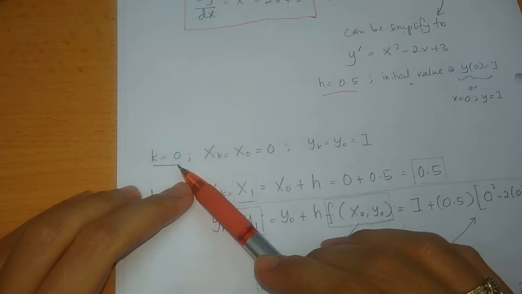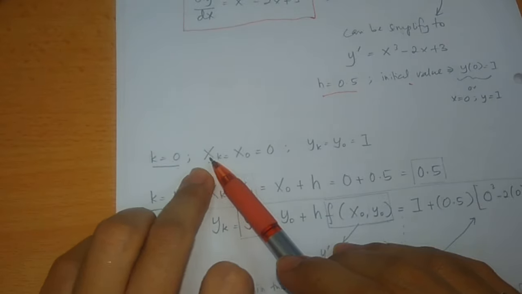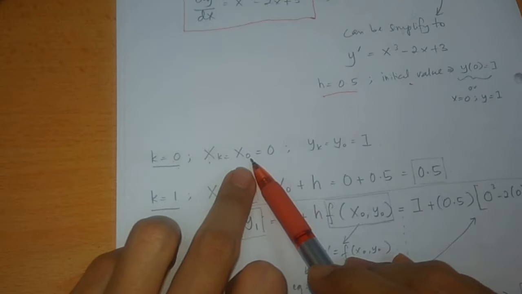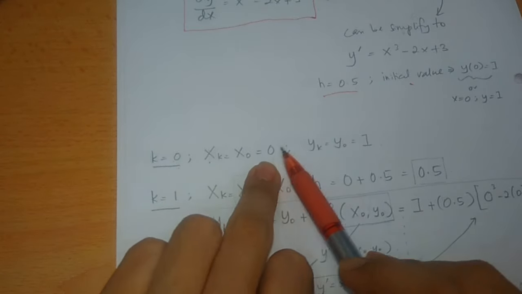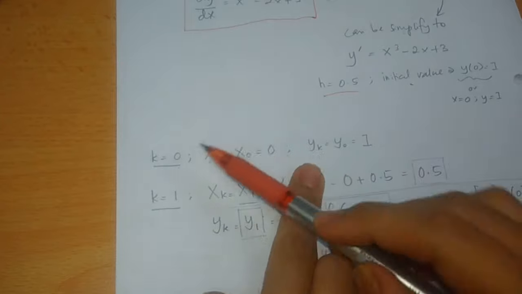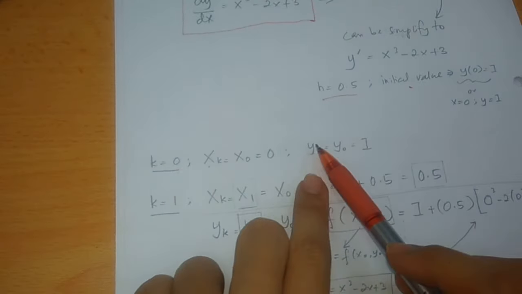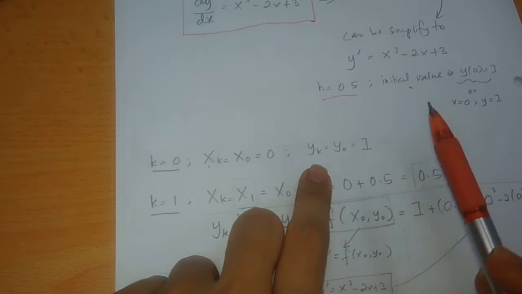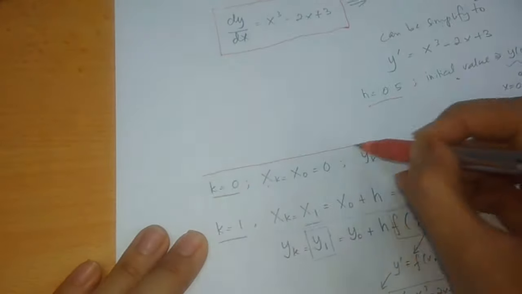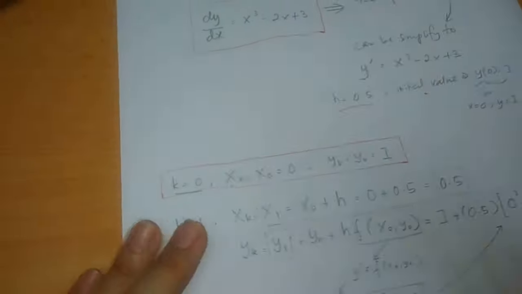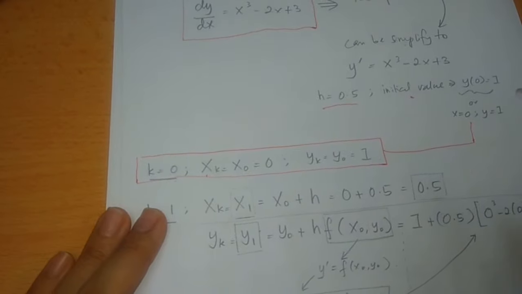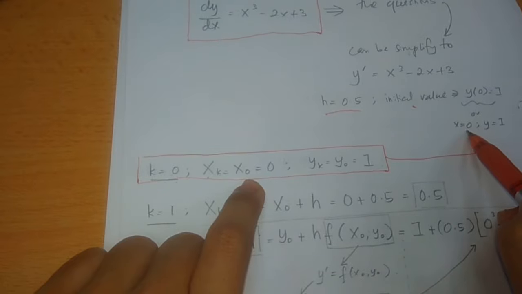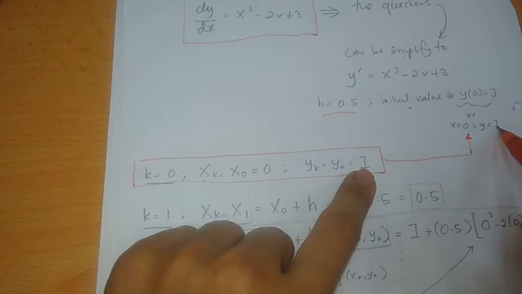For k equal to 0, you need to find out what xk is. Since k is 0, x is x0, which is equal to 0, and yk is y0, which is equal to 1. Please remember that for k equal to 0, you get it from the initial value: x0 equal to 0 and y0 equal to 1.